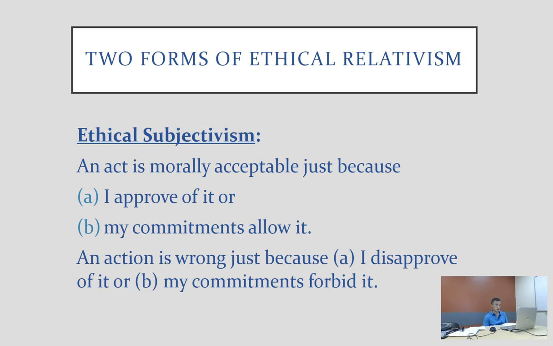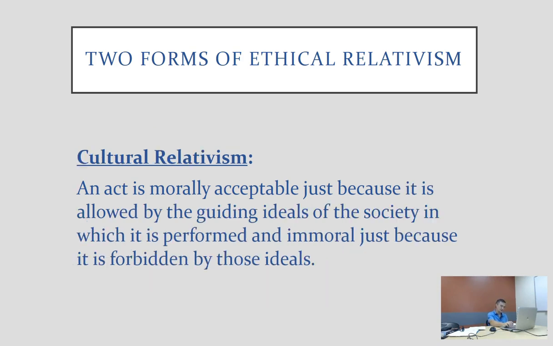It's easy to embrace that for yourself and for people that you admire and like, but it gets troublesome when you think about people you dislike or disapprove of in the world, and to say that their moral standards are equally valid and plausible, do you really want to own that? That's one of the consequences of the ethical subjectivist position.